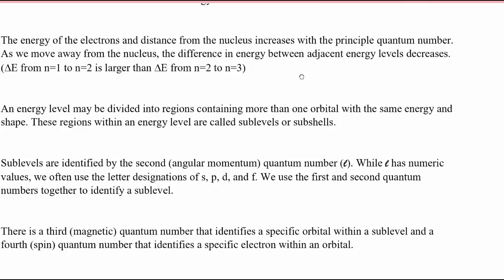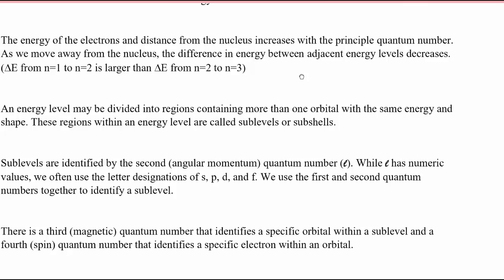So the sublevels are a group of electrons that have the same energy and are traveling in paths that have the same shape to them. Okay, so now you should have that concept of taking an energy level and dividing it up into these sublevels where the electrons have the same energy and the same shape.